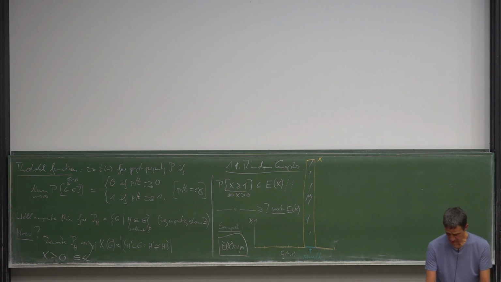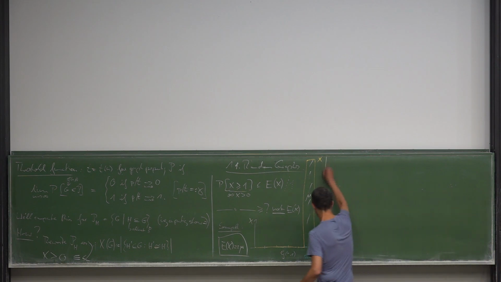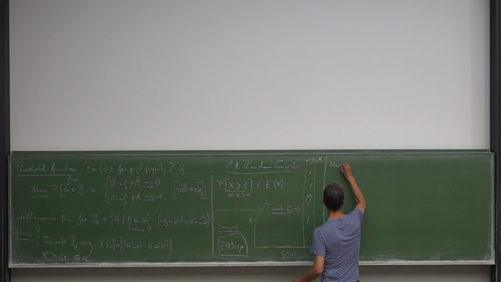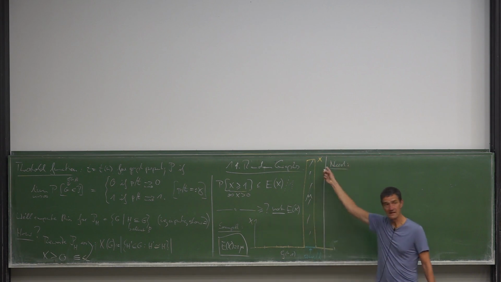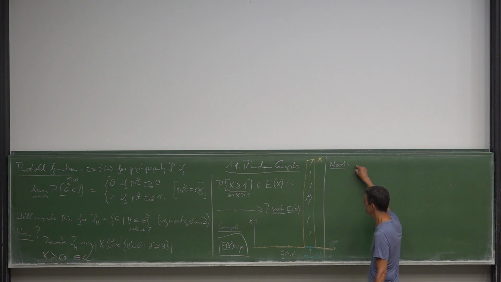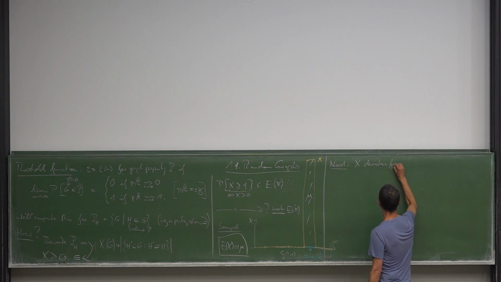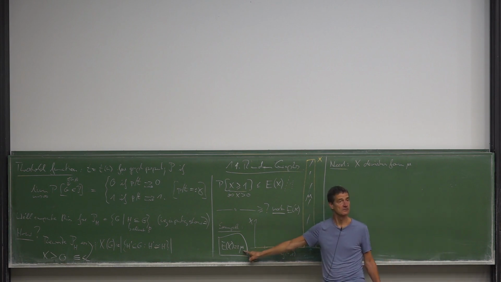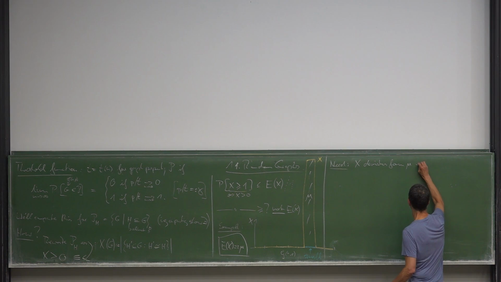So how can we change this for the better? We need that our random variable is not as erratic as this one. So we need, and I write this in words because it's so important, X deviates from its own mean, its own average value, rarely a lot.